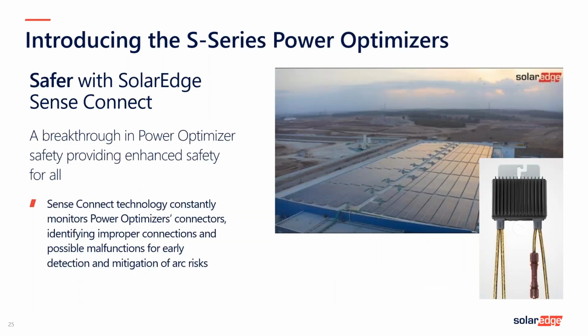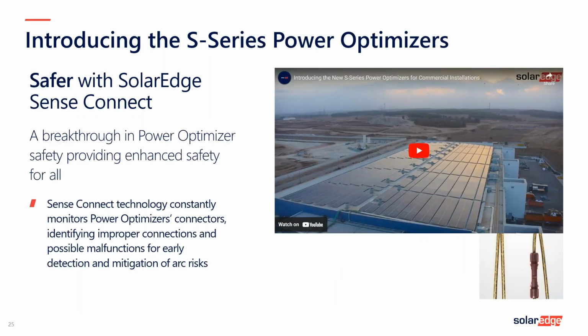So now to talk about the S-Series optimizers, this is actually our new power optimizer. It's the S1200, S1201 series. The main difference between the 1200 and the 1201 is the 00 series is for ground mount, and the 01 series is meant for rooftops.